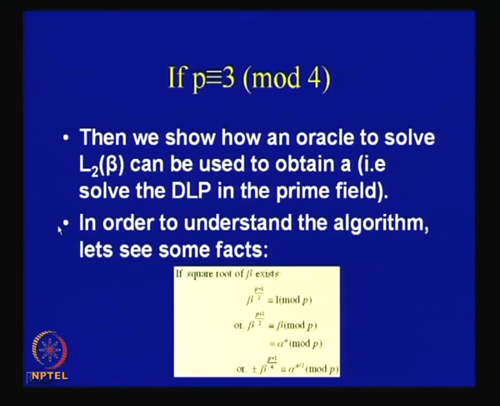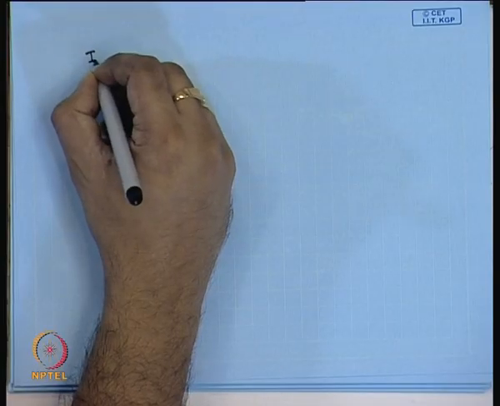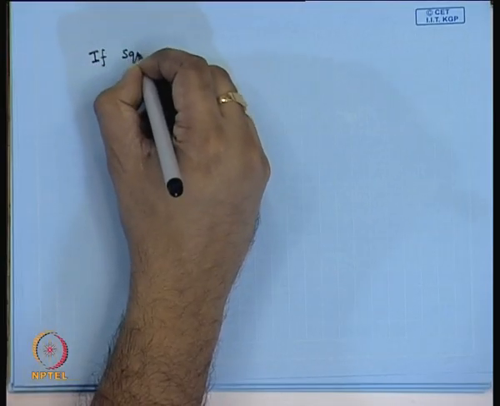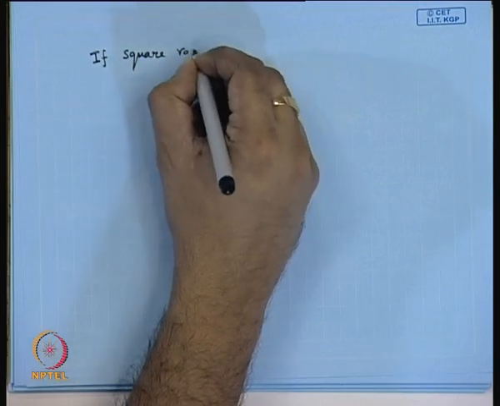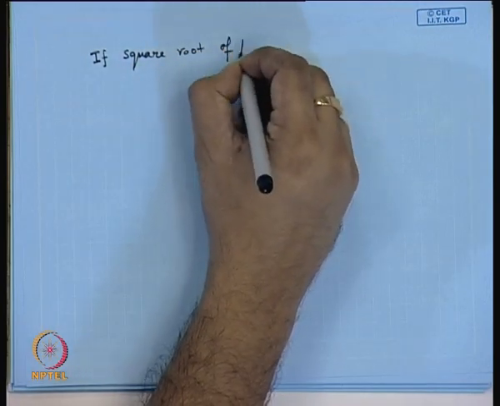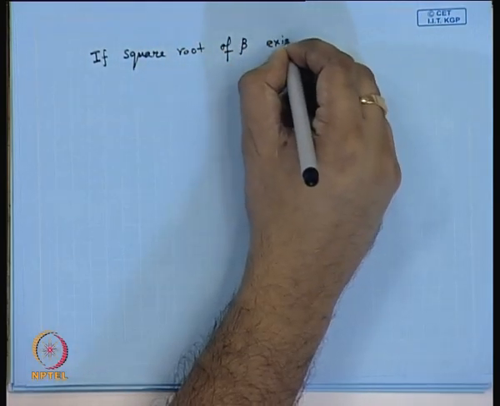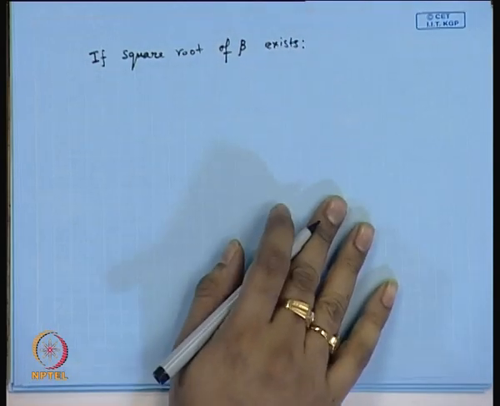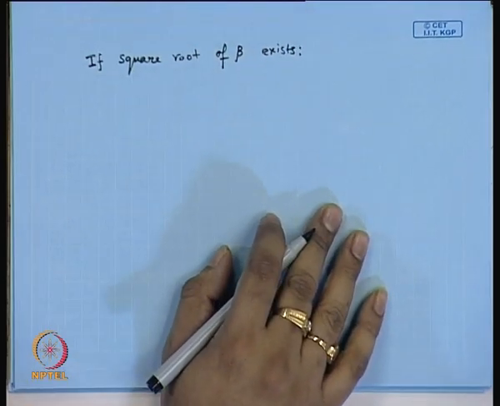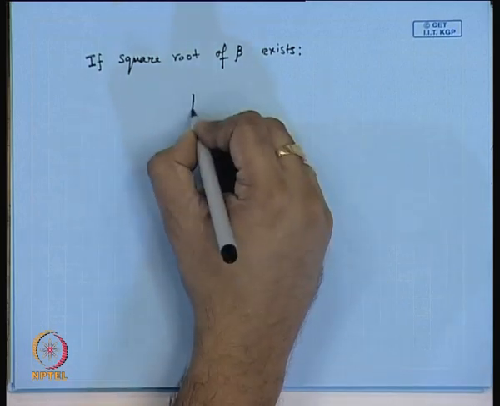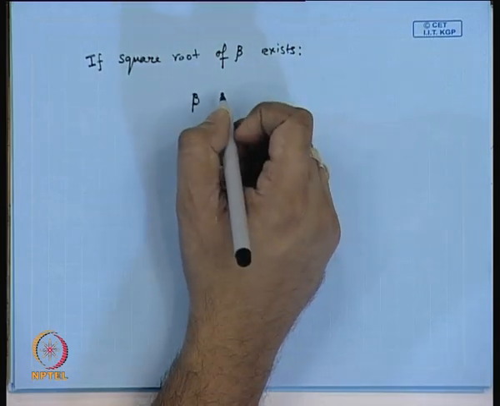Okay. So now, in order to understand the algorithm, we have to prove some facts. First of all, let us start with this: beta is a value which is given to me, and assume that the square root of beta exists. Then we know that beta is a quadratic residue, right.